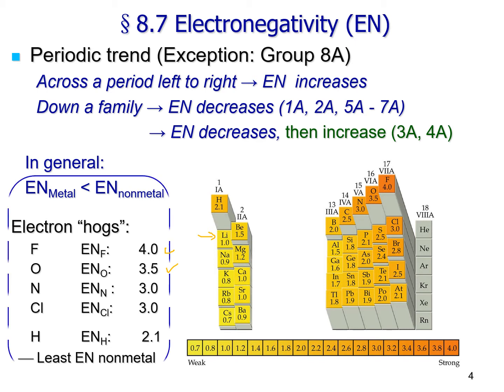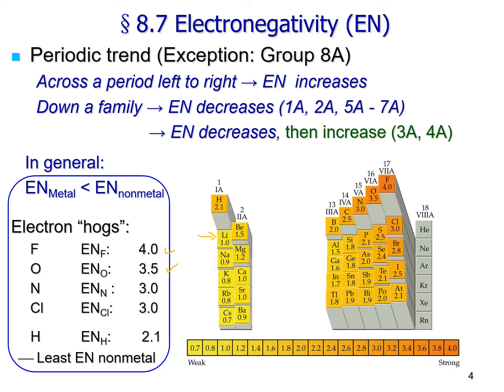So few things other than periodical trend of electron activity, I want you guys to understand first: how do we know in general about the difference of electron activity between metal and non-metal? And what are the 4 electron hogs? Which one is the most electronegative?